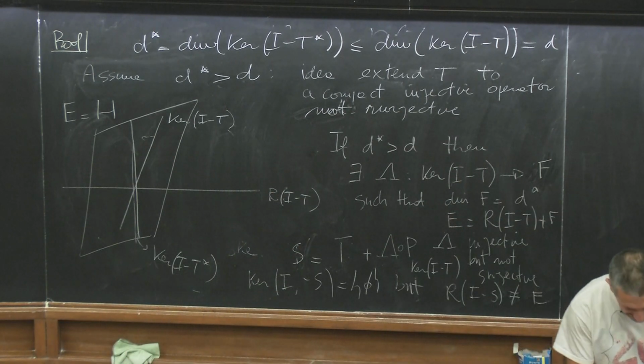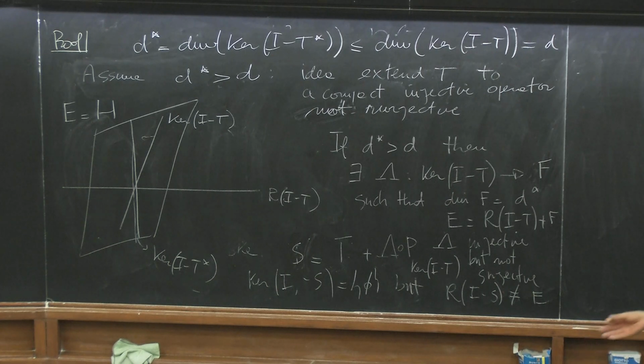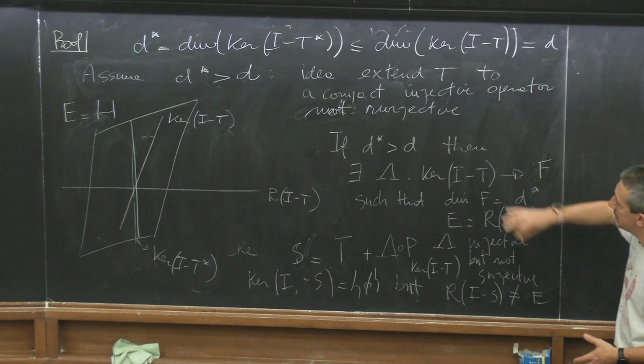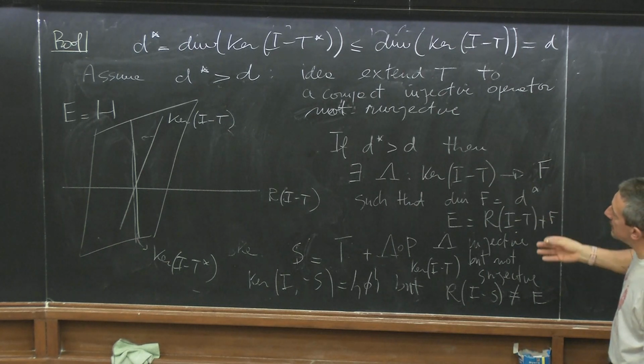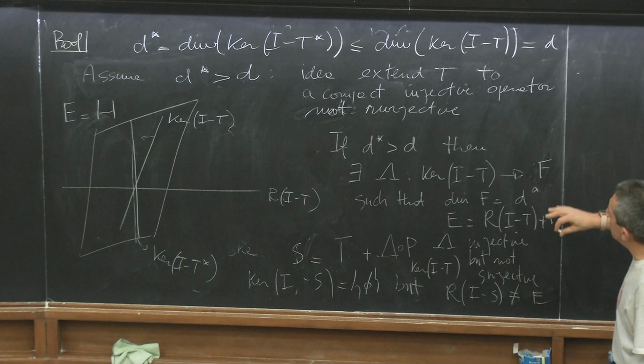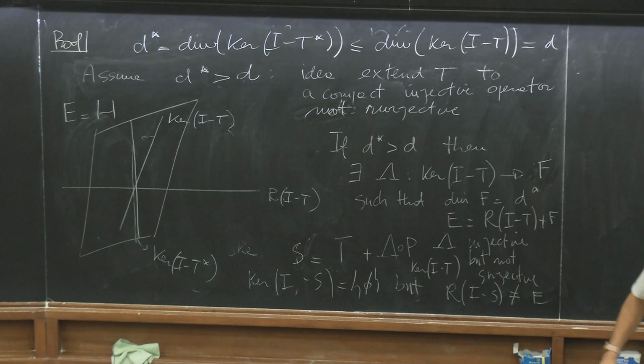So in the discussion done here, the problem is how to build such a map. So I need to build essentially, okay, let me see how to do this here.